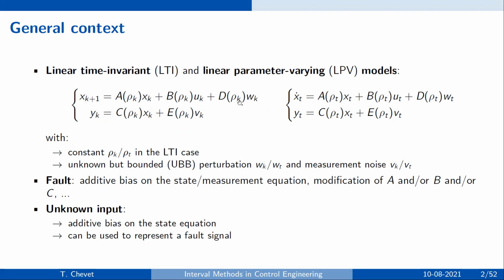And these systems will be assumed to be subject to unknown but bounded perturbation signals W and measurement noise signals V. In this talk, when I talk about a fault, I will talk about an additive bias on the state or measurement equation, but it could also be a modification of the matrices A, B, or C, or any assumption that suits the needs of the studied strategy.